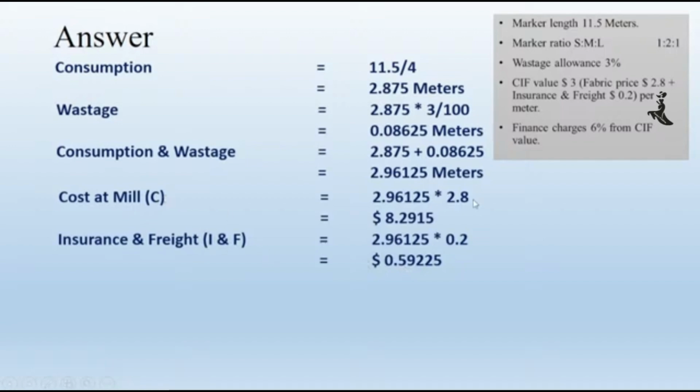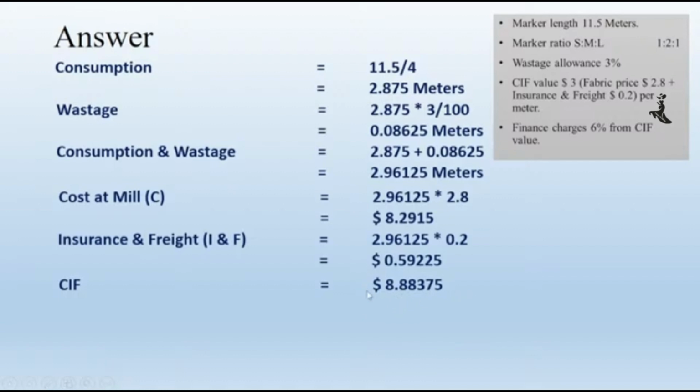Now the fabric mill cost is 8.2915 and insurance and freight 0.59225. Altogether it's called CIF, a famous term. So it's $8.88375 per piece or garment, our fabric cost until this point. But there is more. The bank will charge finance charges based on this CIF, which is 6%.